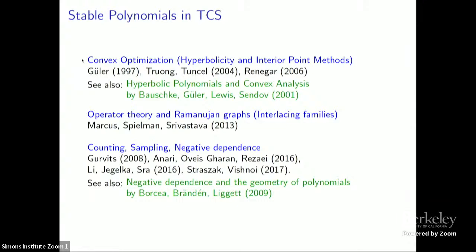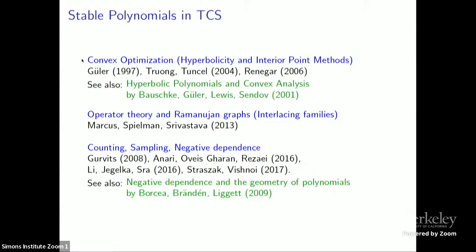Leonid Gurvits used stable polynomials to bound quantities associated to the permanent of a matrix to resolve something called the van der Waerden conjecture about the permanent of a doubly stochastic matrix. And then people, in particular some of my co-authors, also started using these around the same time to develop algorithms for sampling from discrete probability distributions that one would associate to these polynomials, namely the coefficients of these polynomials.